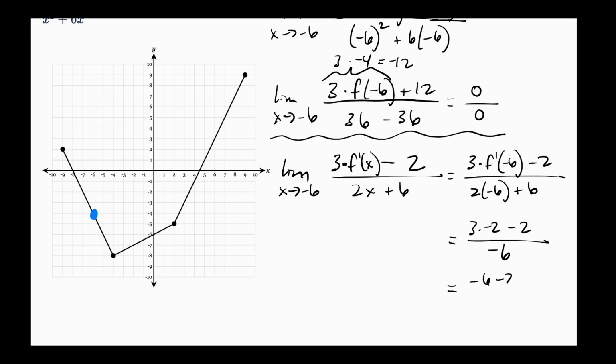So negative 6 minus 2 over negative 6 is negative 8 over negative 6, which is the same thing as 4/3.